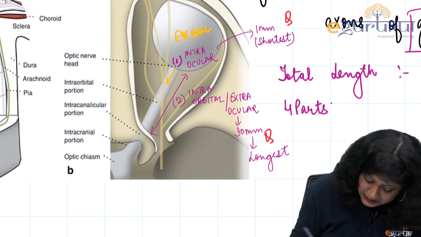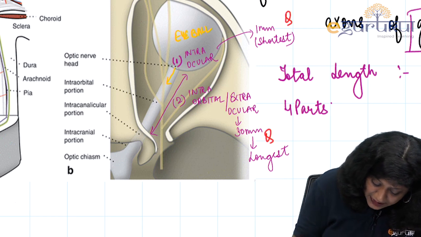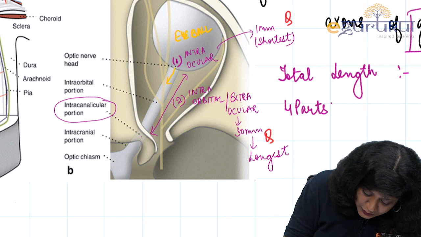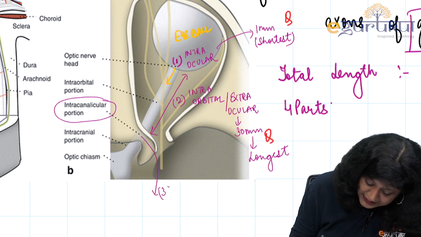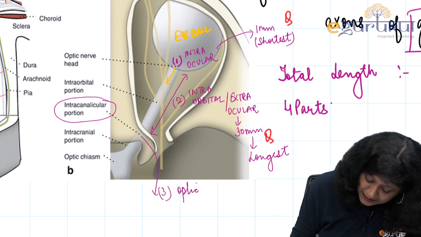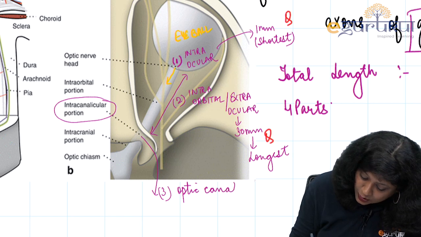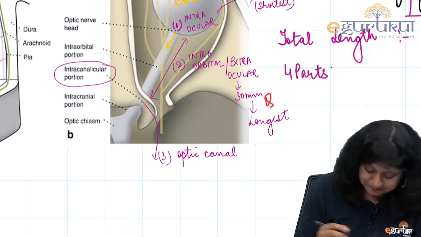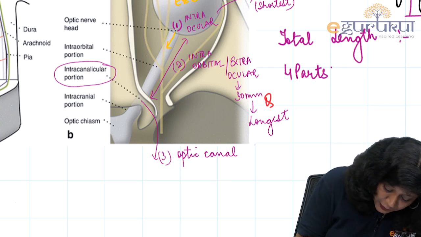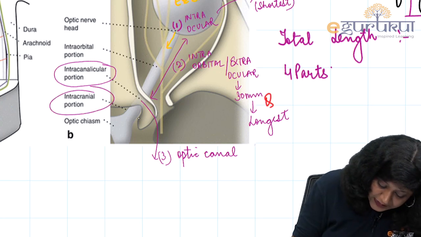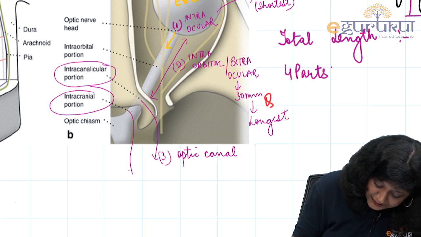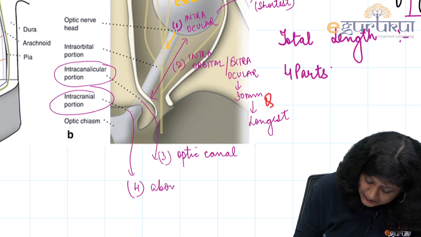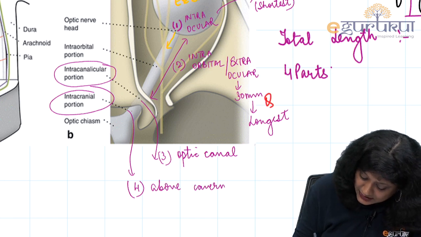Now, the third part is the part which is lying inside a canal. Which canal is it lying inside? It is the optic canal. The optic nerve lies in the optic canal, along with the ophthalmic artery. And then finally we have the fourth one, which is lying in the brain, above the cavernous sinus.